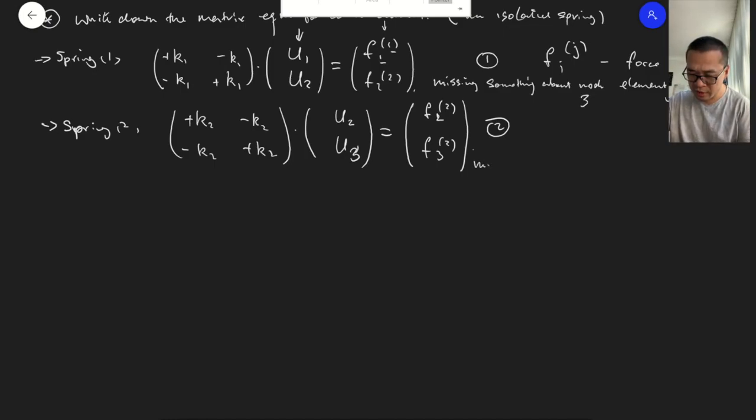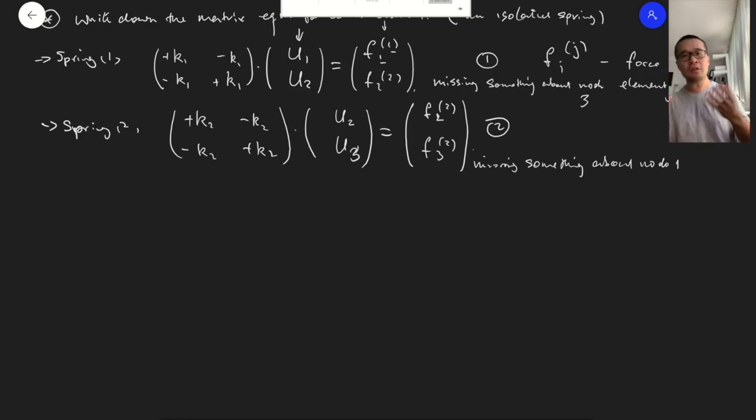Here we are missing something about node 1, right? So we've got to add the equation back here. Now how do we do that?